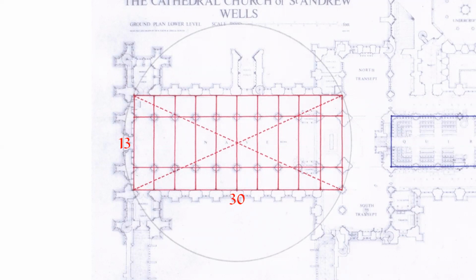If you have a rectangle which is 13 by 30, then the diagonal lines of that type of rectangle run at 23.4 degrees, and that is the axial tilt of the Earth. So this is why you have this possibility of the north wall and the south wall at the top and the bottom of where we're looking as coinciding with the tropics of Cancer and Capricorn, if we draw a circle around the entire rectangle.